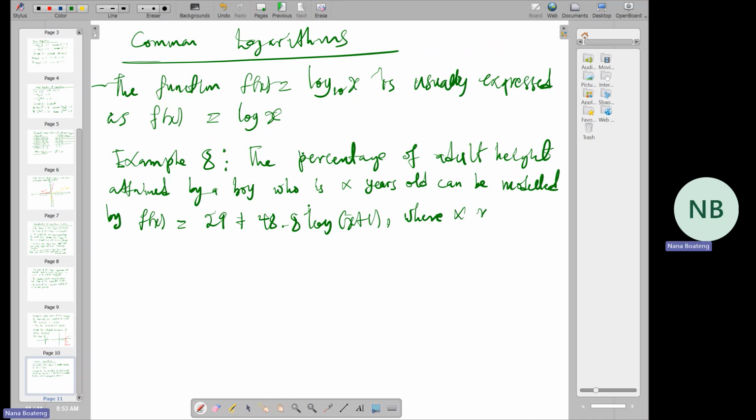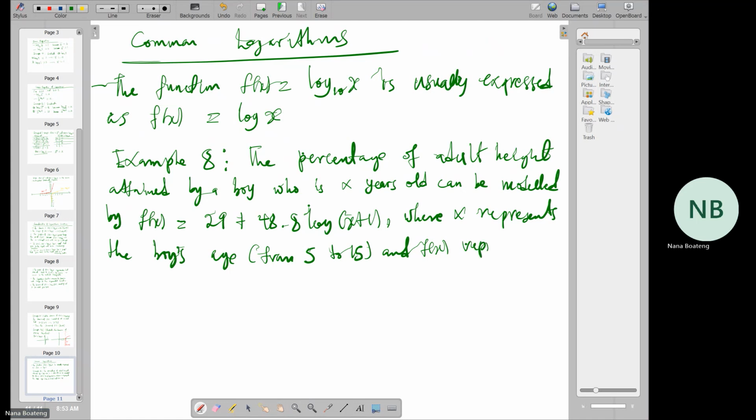where x represents the boy's age from 5 to 15, and f of x represents the percentage of his adult height.